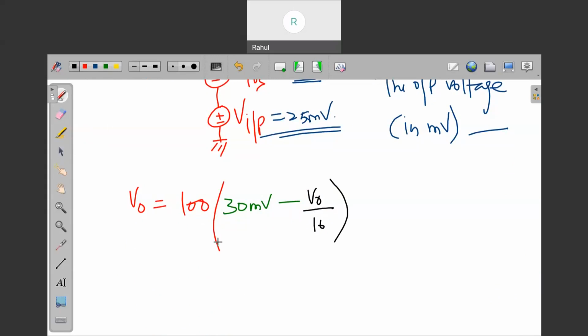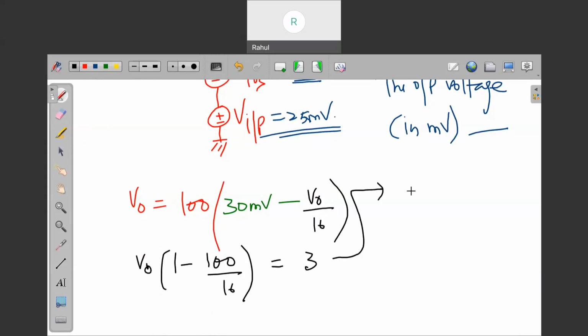Now you can equate this. Your V naught common, so 1 minus 1 by, 100 by 16 equal to 3. From here you can compute V naught equal to 3 by 16 minus 100 into 16. So 48 upon, you can calculate this.